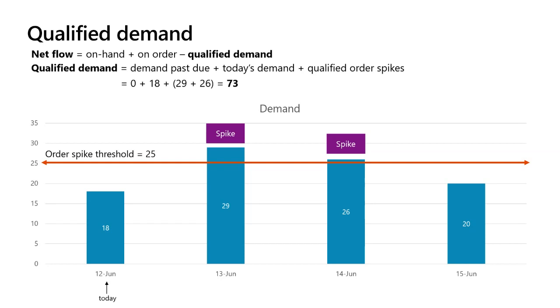You'll notice that even though we have demand for June 15th, we're not using it in our current net flow calculation because DDMRP is different in that way from traditional planning coverage groups. And another reminder, just as we said already, that DDMRP is typically run daily. So it's not that we'll never consider that demand. It's just if today is June 12th, we only consider today and then only the future dates that already qualify as order spikes.